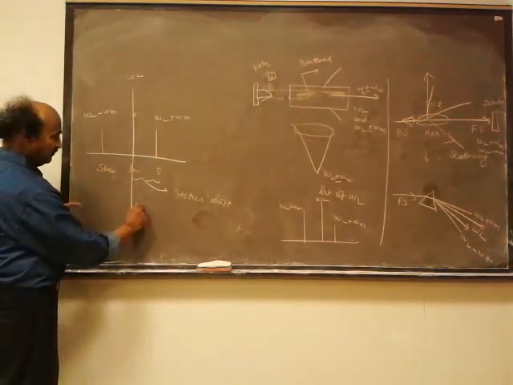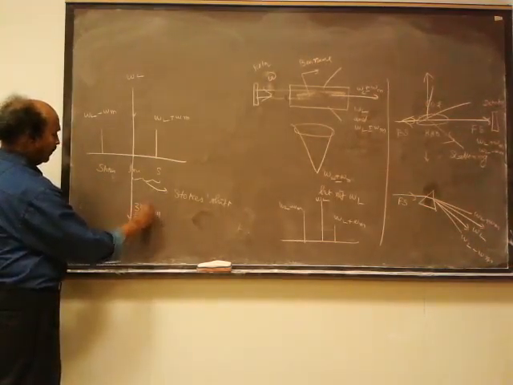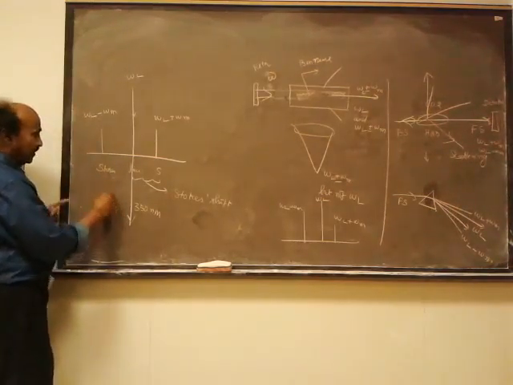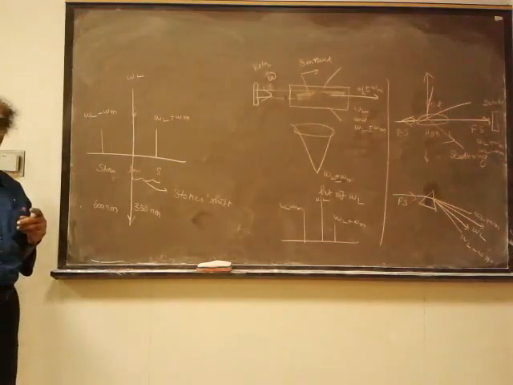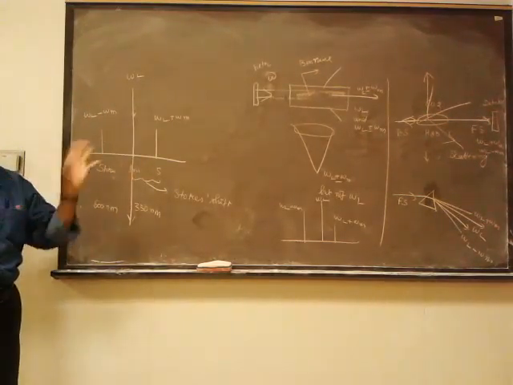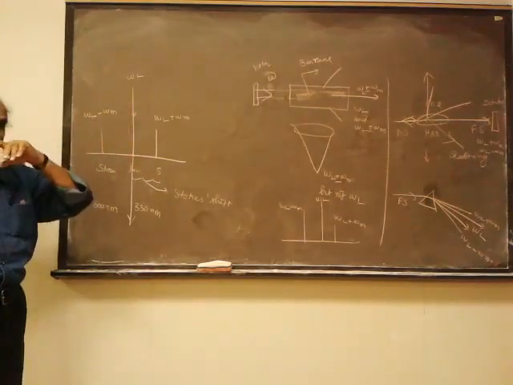If this is 350 nanometer, this will be 600 nanometer. The frequency will be less. And this is what he called a Stokes shift. Up to now, no problem.